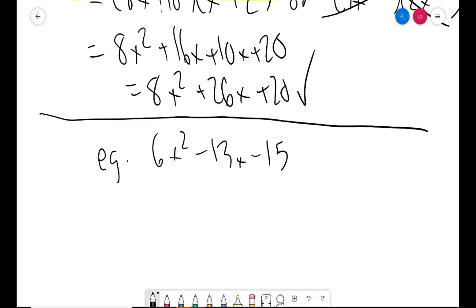Couple more today. Well, factors of 6: 2 and 3, 6 and 1. Factors of 15: 15 and 1, 3 and 5.